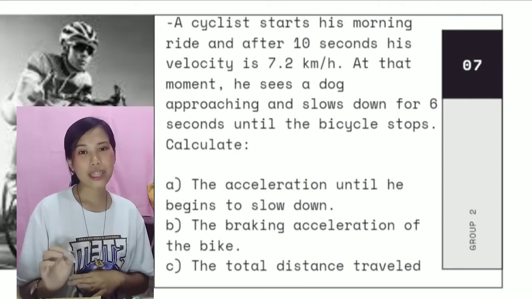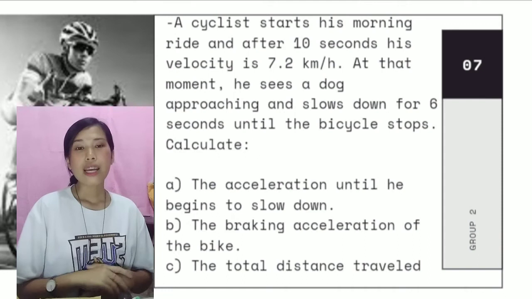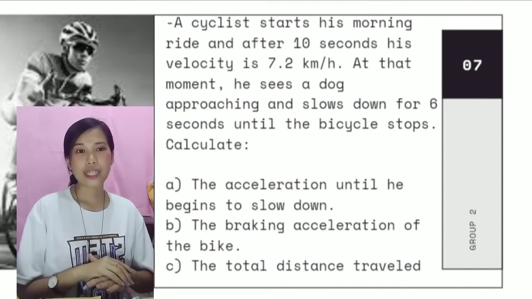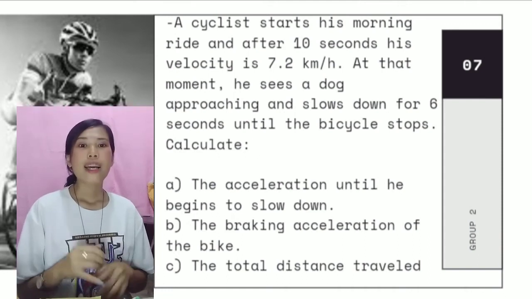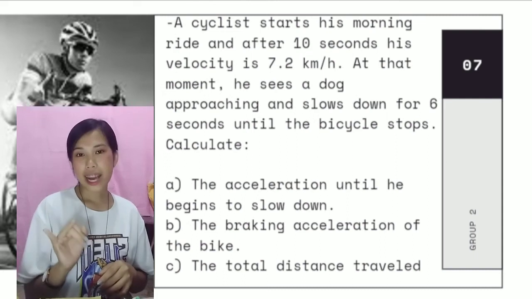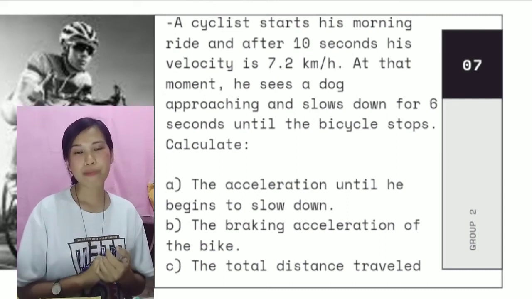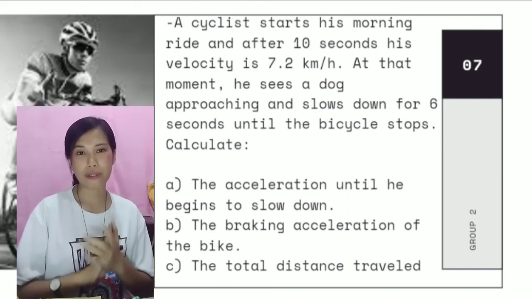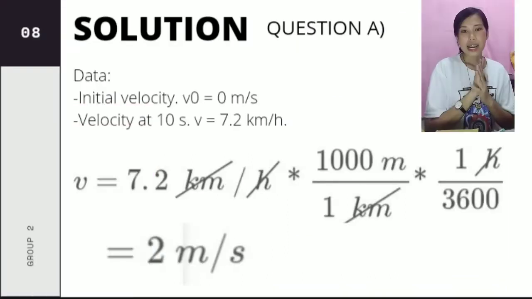So calculate the following. First, the acceleration until he begins to slow down, the braking acceleration of the bike, and lastly, the total distance traveled. To solve question A, let us first identify the given data.